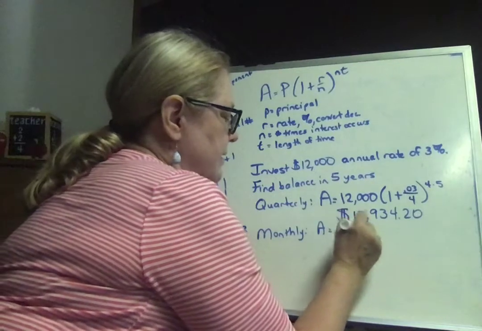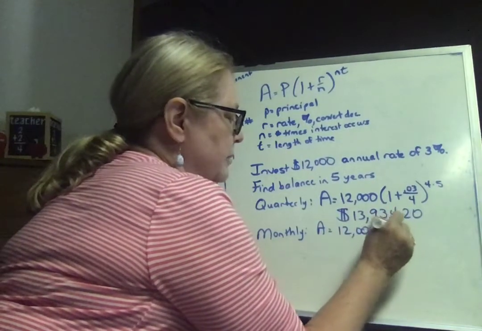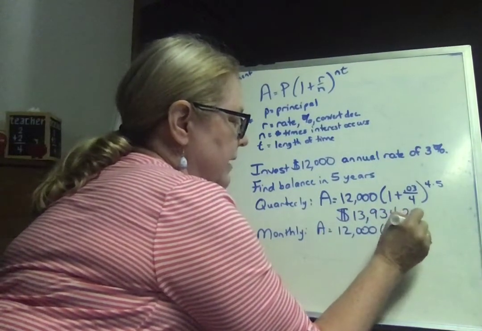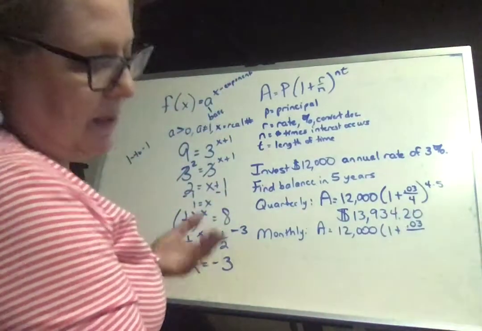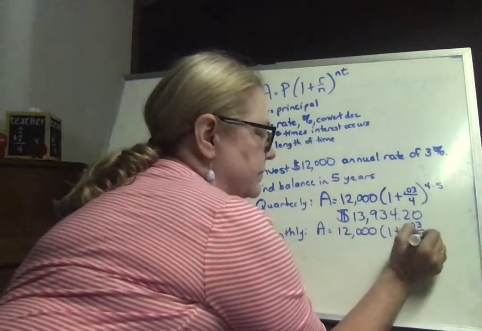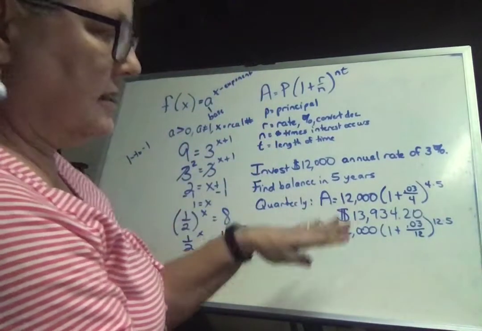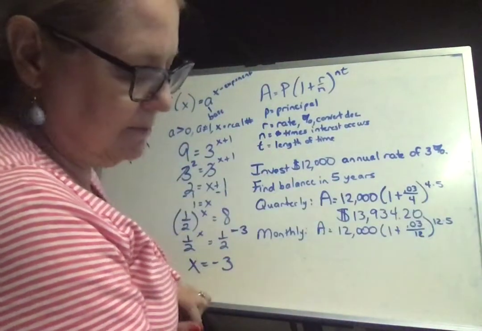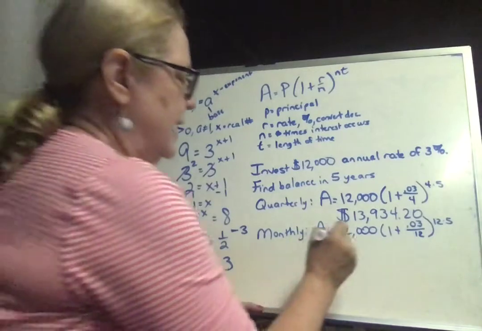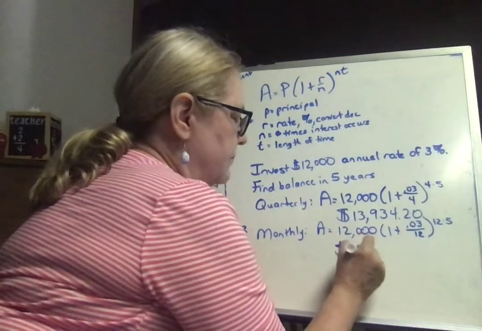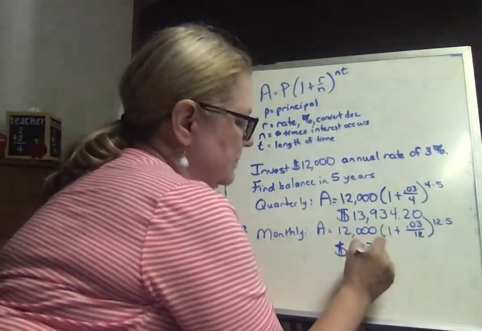Still 12,000. Still 1 plus, still 0.03. But monthly, how many months in a year? 12. Change just that one at the end both times. And you put that in, and since you get it more often, it's more money.